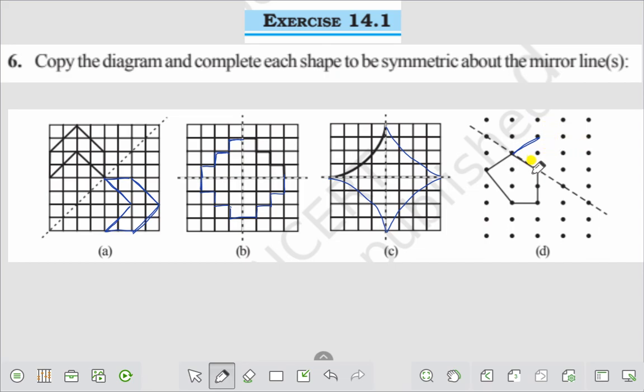Or you can draw another line with this one, is like this, right? And this line can be drawn this one, and this one can be drawn in this way.